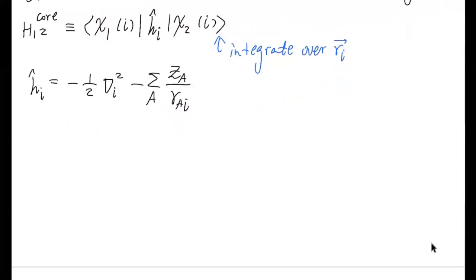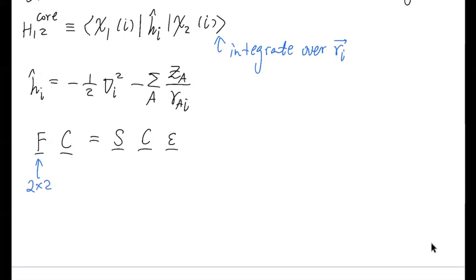Now, let's write down our Roothaan equation. You have the Fock matrix times the atomic orbital coefficient matrix is equal to the overlap matrix times the atomic orbital coefficient matrix times the orbital energy matrix, right? So the Fock matrix is a 2x2 matrix, right?